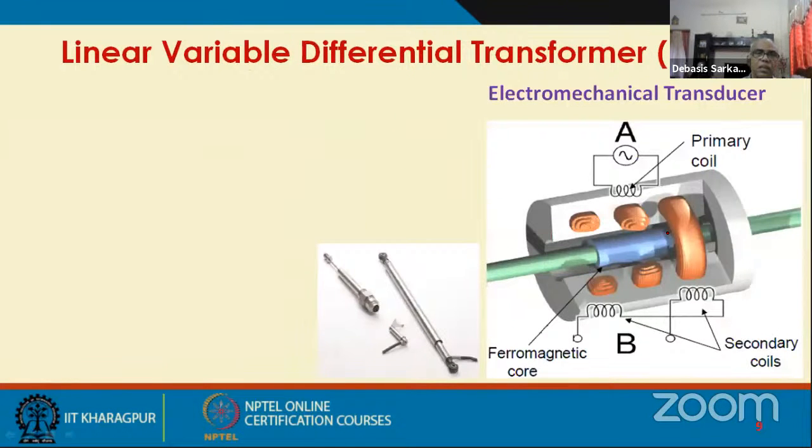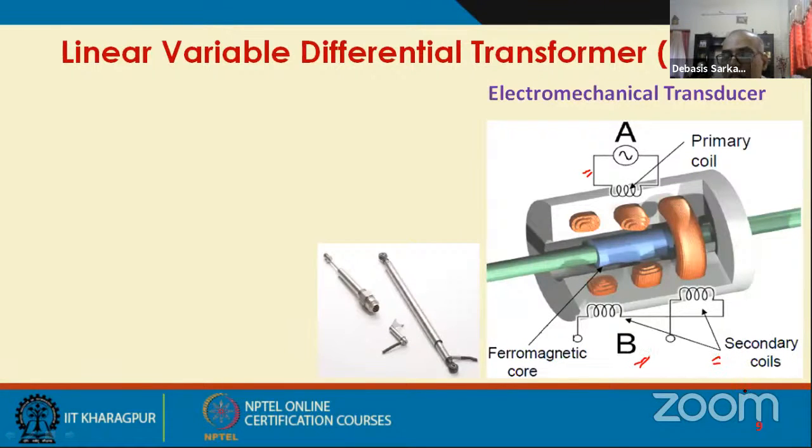Similarly, this linear variable differential transformer is an electromechanical transducer. So this electromechanical transducer converts the displacement signal to an electrical signal. It essentially consists of one primary coil and two secondary coils.